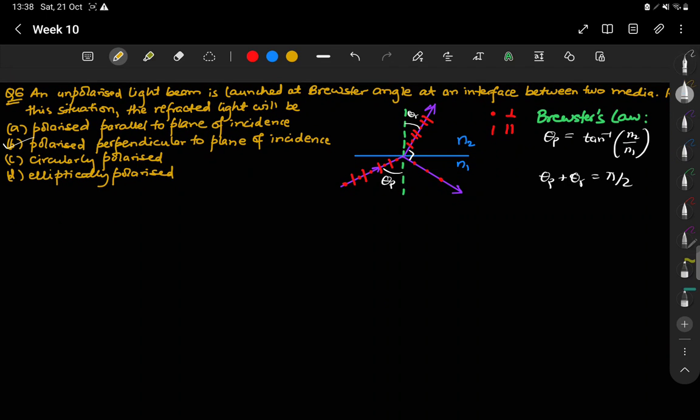Moving to the next question. This is also on Brewster's law.